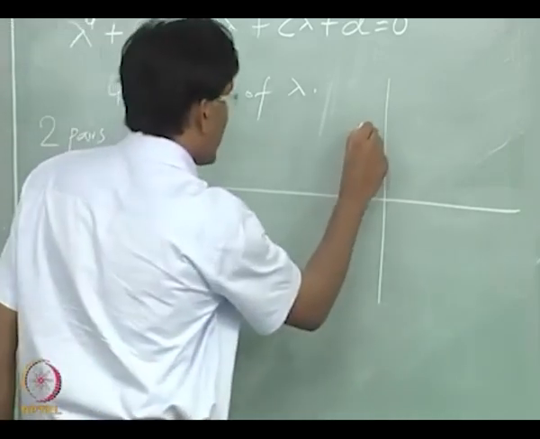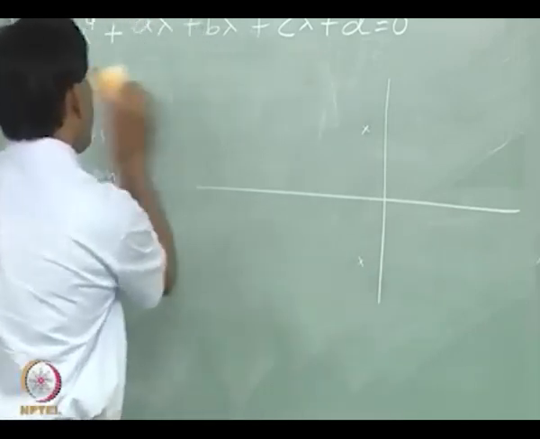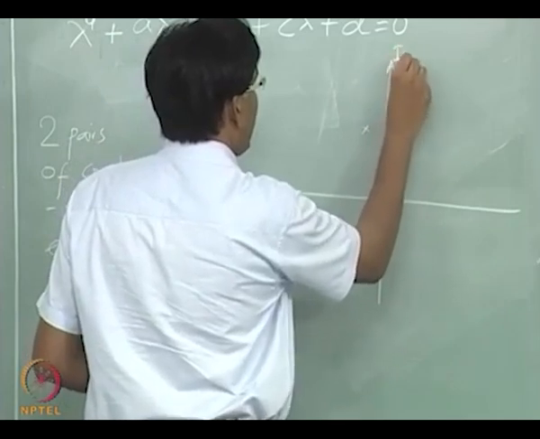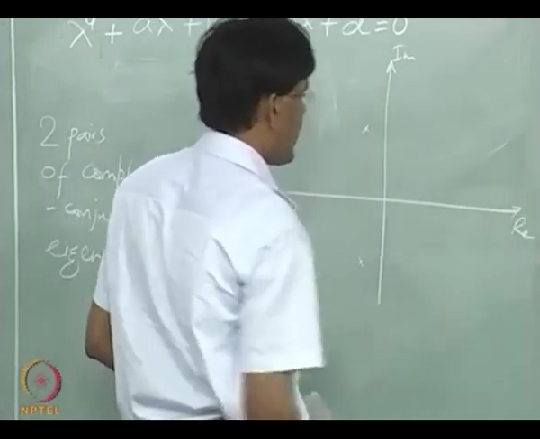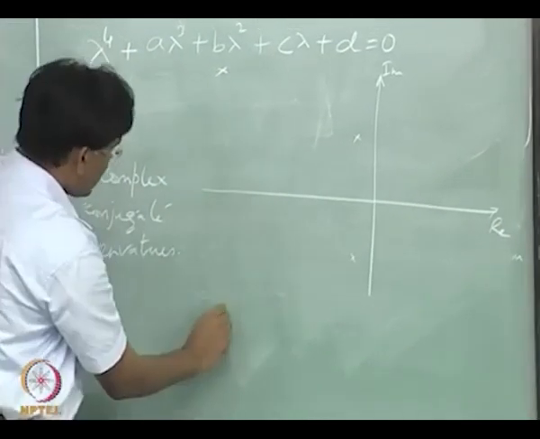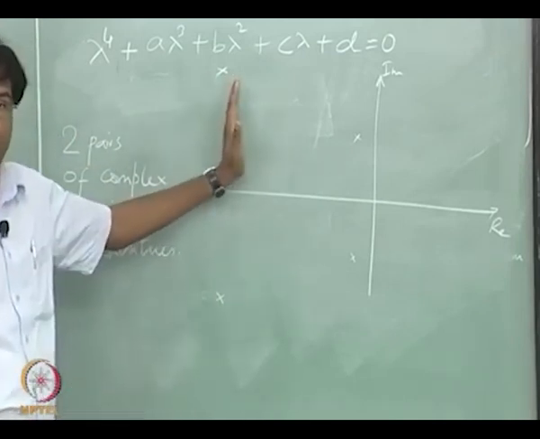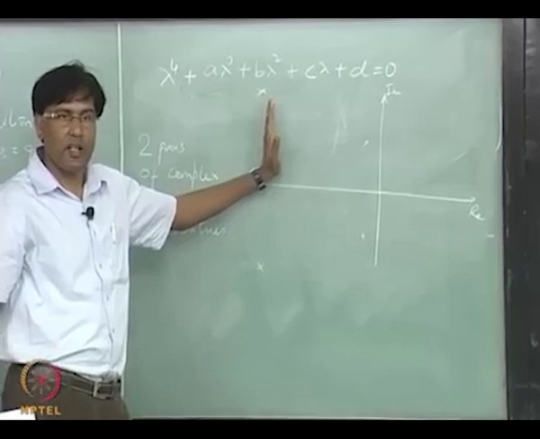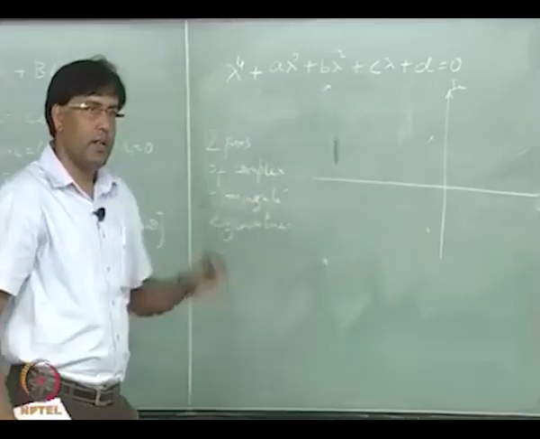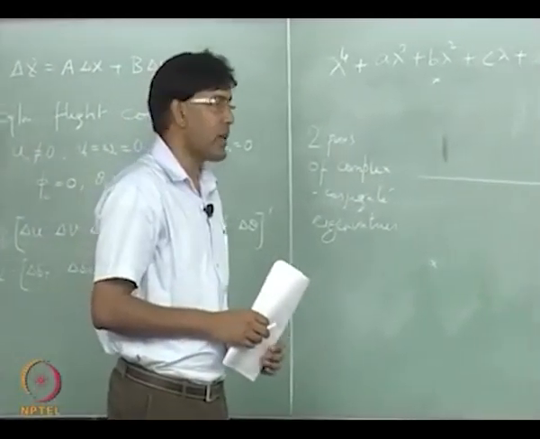One pair is located close to the imaginary axis, and the other pair is located very far from the imaginary axis. So the other pair has a lot of damping, that is what it means, isn't it? And the frequency is also high, right.